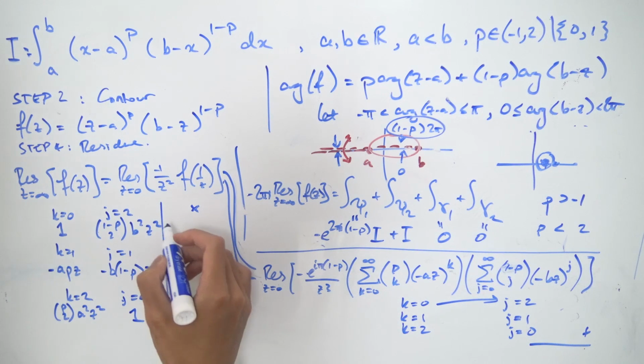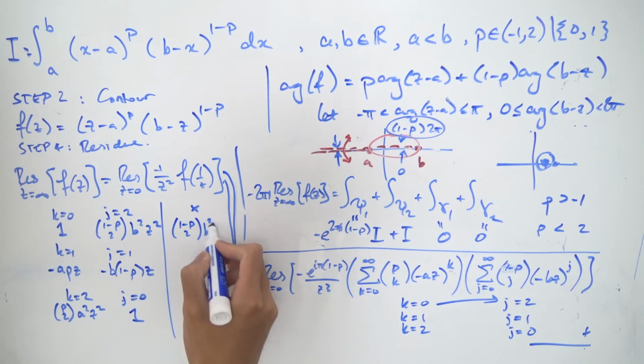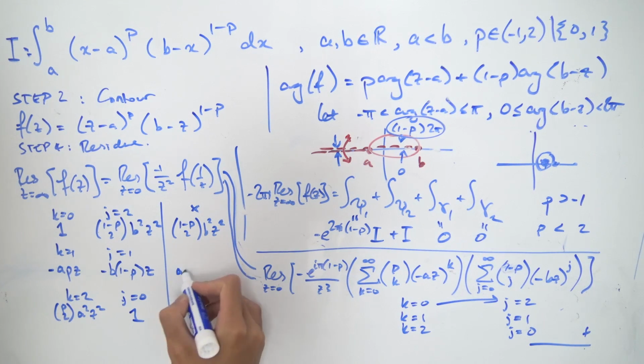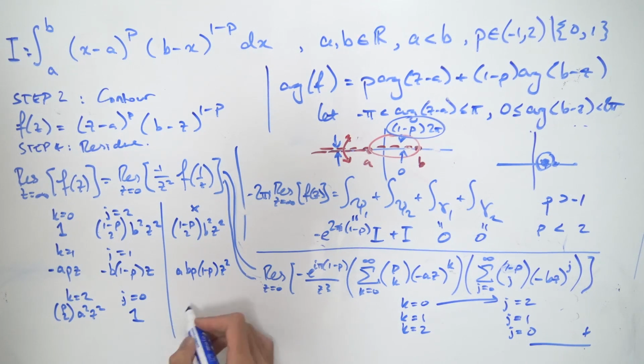Well, on the first row, we're just going to have 1 minus p choose 2, b squared, z squared, and on the second row, these two negatives cancel each other out, leaving us with abp times 1 minus p times z squared. And on the third row, we simply have p choose 2 times a squared times z squared.